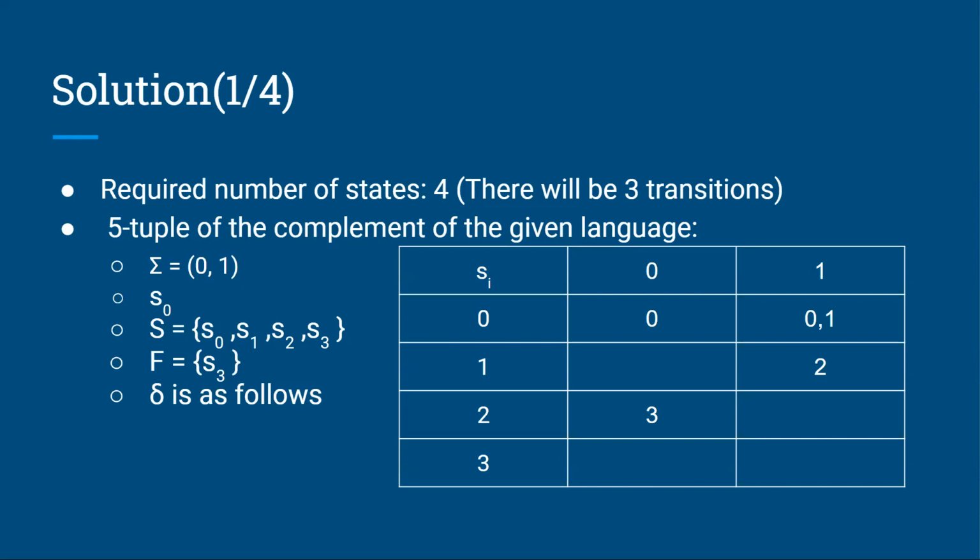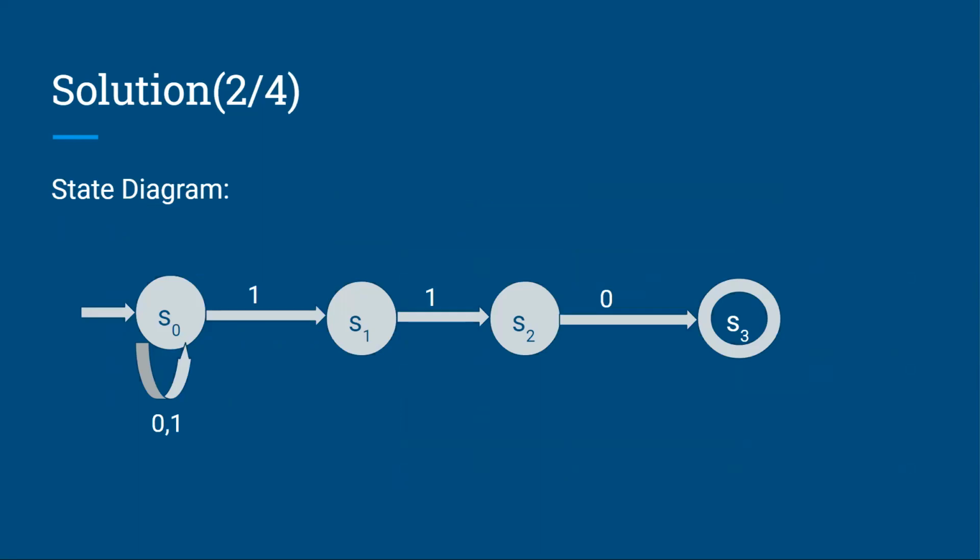State diagrams are very easy to understand. Based on the state diagram, you can see that we have S0, which is the start state, where we accept all kinds of zeros and ones, but we also check for any possibility of getting 110.